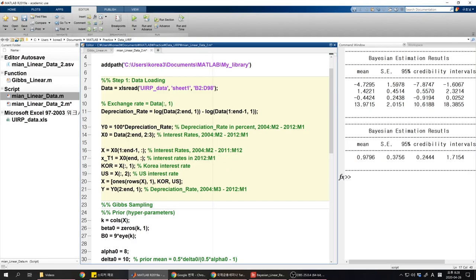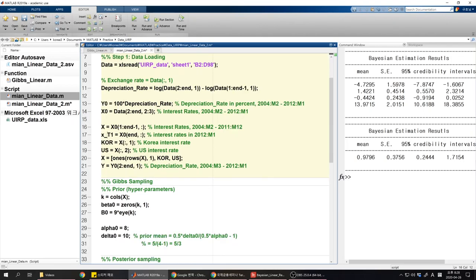Okay, so using the interest rate in January 2012, we are forecasting what? We are forecasting February 2012. We have data up to only January 2012, and then we are forecasting February 2012 using X T1 here, right?